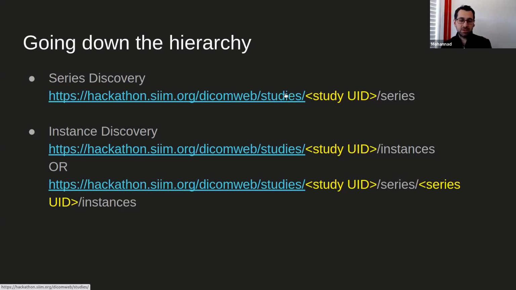If I have a particular study that I want to see, I put the study UID in the path and I add /series, and that gives me information about the series. Or I can say /instances, and it immediately goes down to the instances within that study and shows me results for those instances. Or I can go study, series, and then instances. So now I'm looking at instances or images within a specific series within that specific study.